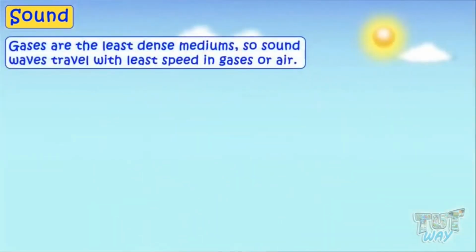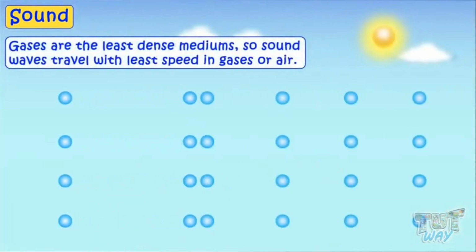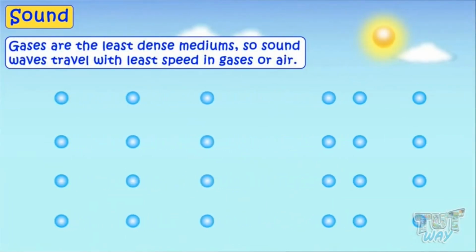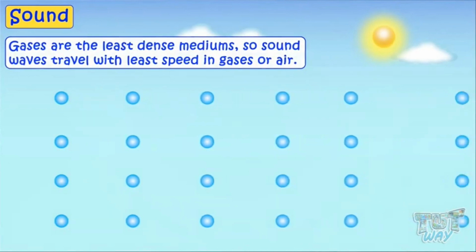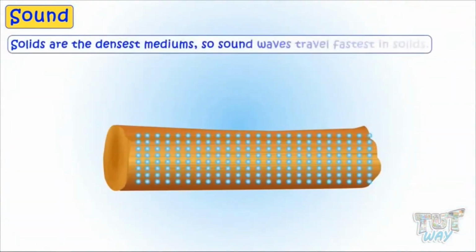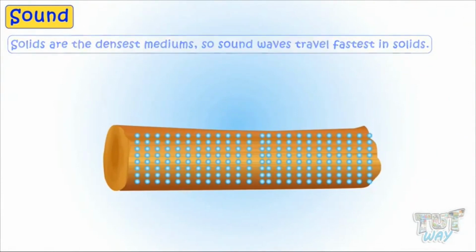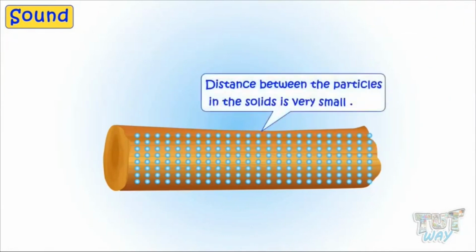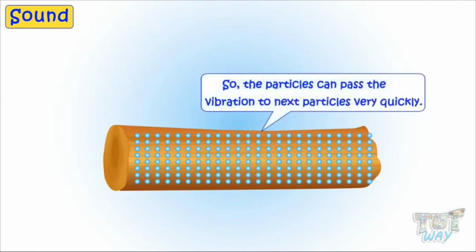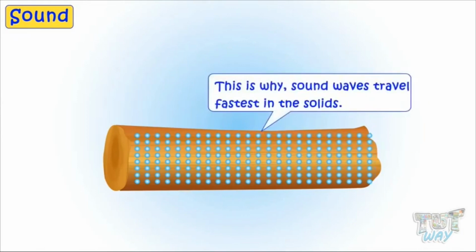Gases or air is the least dense medium, and sound travels with least speed in air. Solids are the densest mediums, so the sound waves travel fastest in solids. Distance between particles in solids is very small, and so particles can pass the vibration to the next particle very quickly, and so sound waves travel fastest in solids.